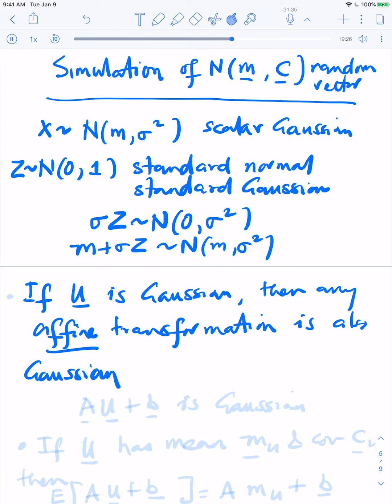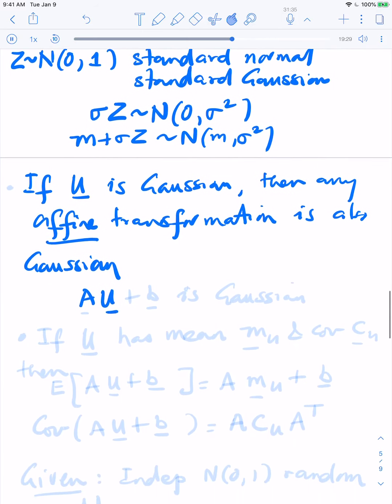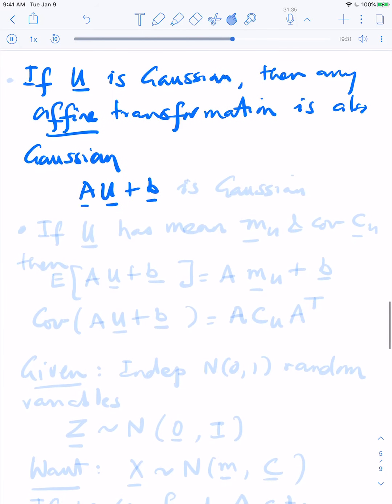So basically A U plus B, where A is any constant matrix and B is any constant vector, is Gaussian, right? That's what we are saying. So basically that means if I take a bunch of jointly Gaussian random variables that standard software has generated for me, I can get other Gaussian random vectors from them. So that's one thing. Now, of course, I want something with a given mean and covariance.